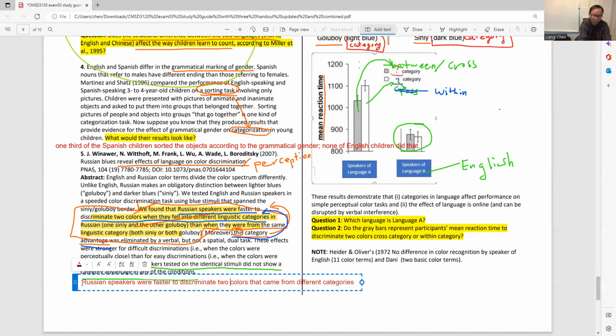From different categories, that will be between category corners.